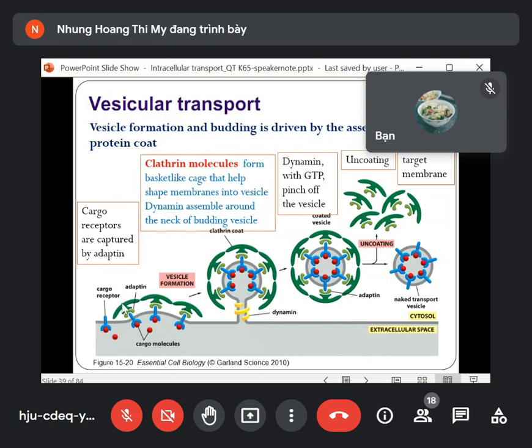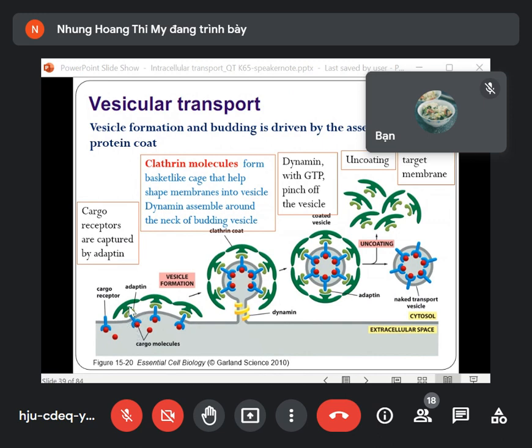Adaptin supports the formation of the vesicle by functioning as the interface for the cargo and for the coating protein to come and bind and form the vesicle. Adaptin only binds to the receptor when the receptor recognizes and binds to its specific cargo.